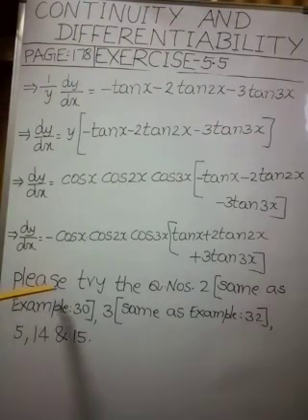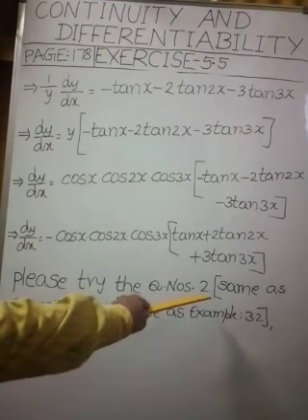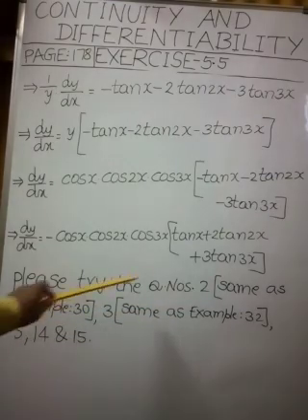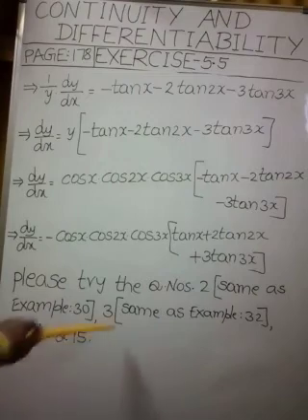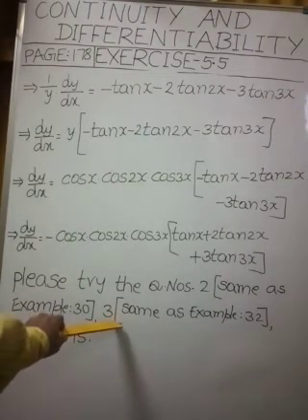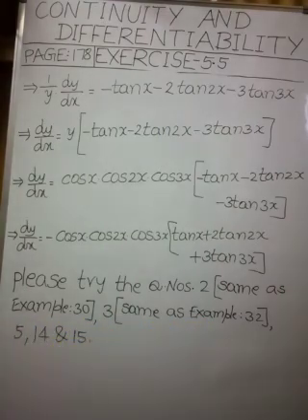My dear children, please try these questions. Question number 2. If you have any doubt, you can refer to example 30. Question number 2 is the same as example 30. Question number 3 in the exercise: if you have any doubt, you can refer to example 32. This question number 3 is also the same as example 32.